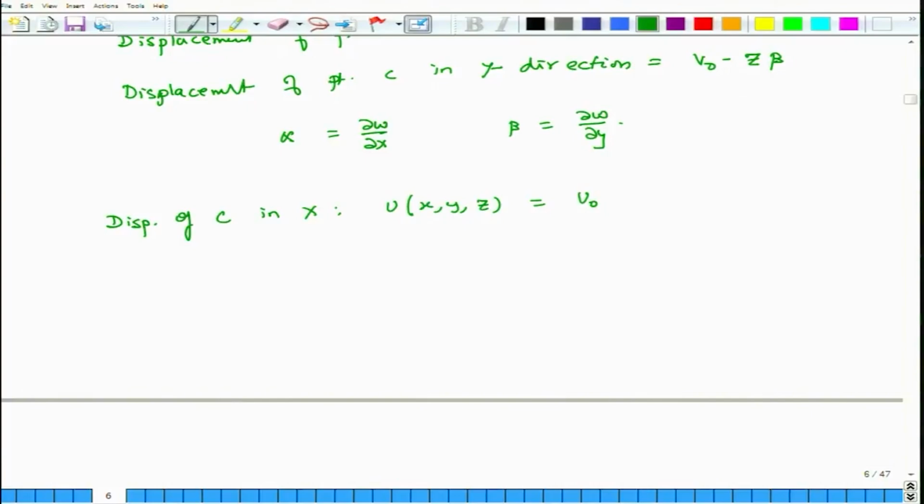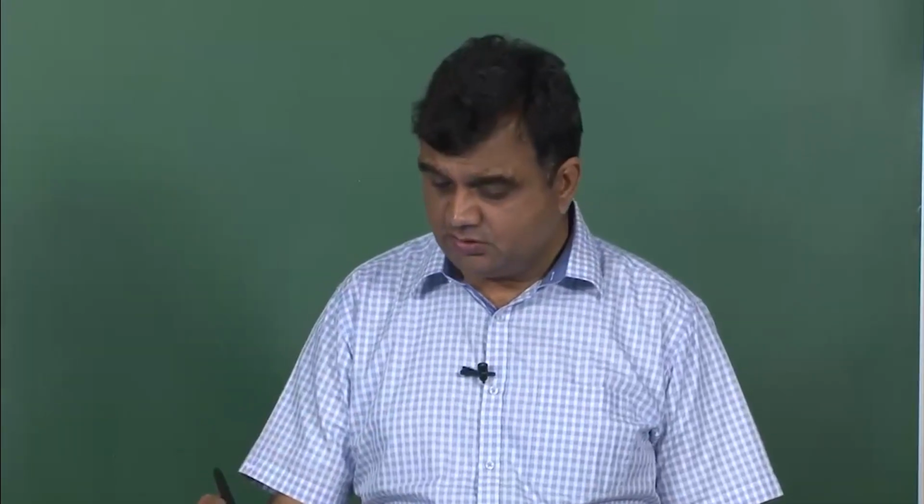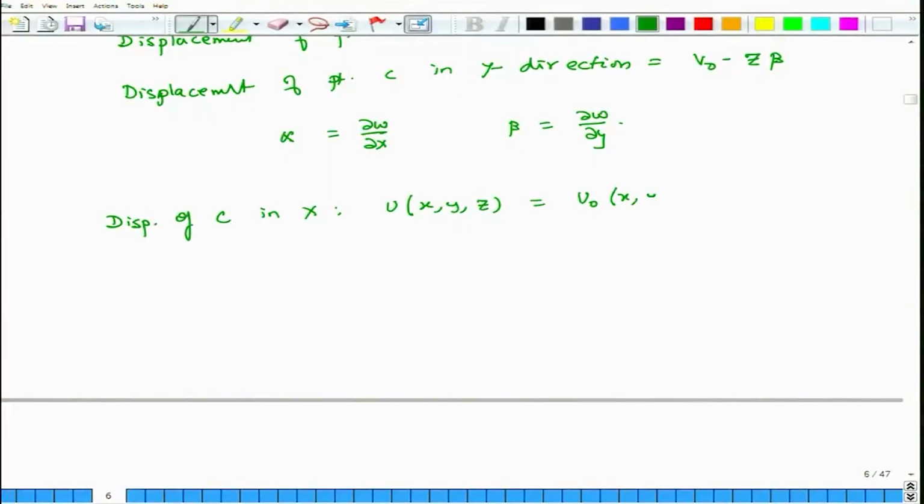U naught is the displacement of point B, and point B always lies on the mid plane. So, when it is lying on the mid plane, z is immaterial. So, u naught only changes from point to point. So, u naught is a function of x and y minus z times del w naught x y divided by del x.